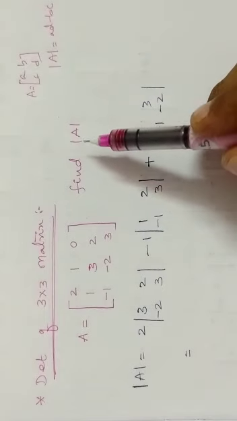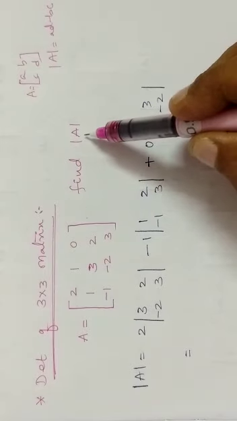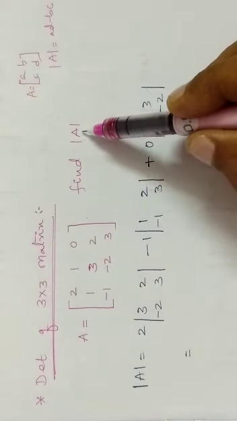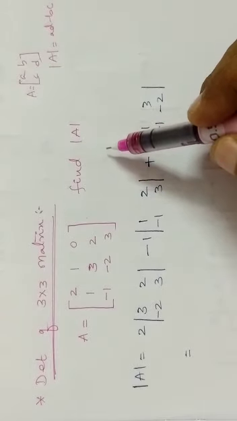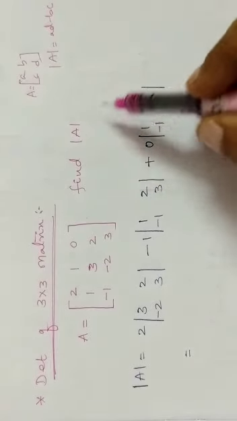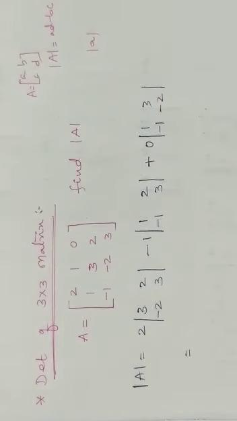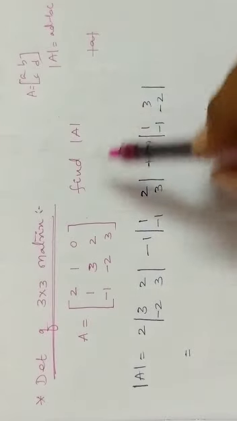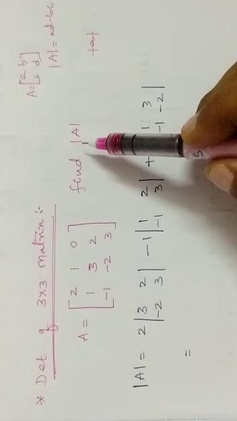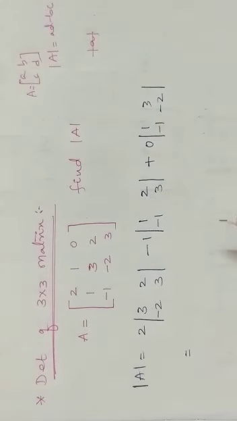You have to read it as det A or mod A. If it is a capital letter, you have to read det A. If it is a small letter, mod A. So, it is not mod A, it is det A. How to find det A?